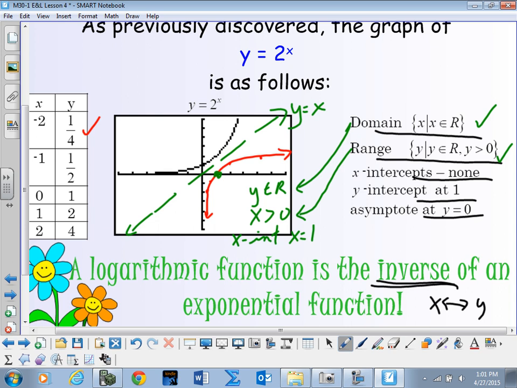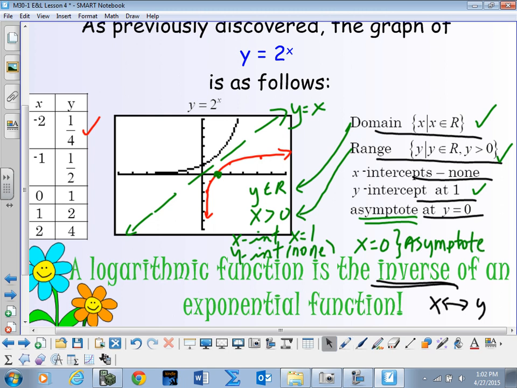We had a y-intercept at 1, and now we have no y-intercept. Everything is the opposite of what it was, which means this important asymptote, which was at y equals 0, is now at x equals 0.